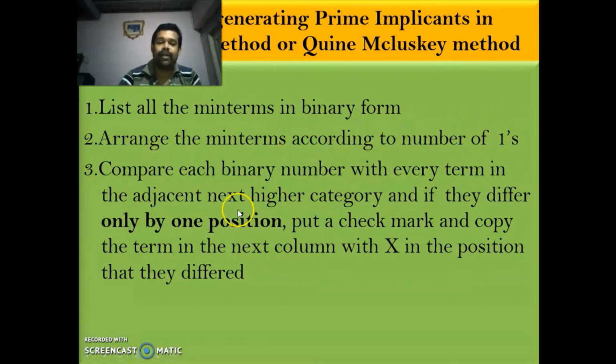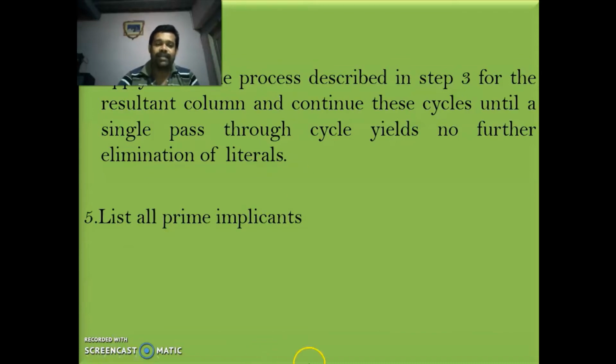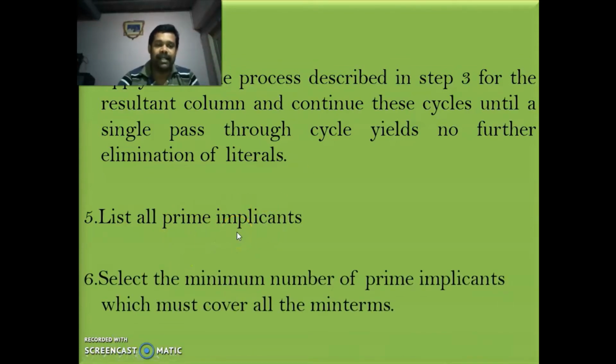Then you compare the minterm in the above group with the minterm in the below group, and consider two minterms if they differ by only one bit. Then you go for the same procedure, as in step 3, for the next pair. Then we list all the prime implicants, and finally select the minimum number of prime implicants which must cover all the minterms.